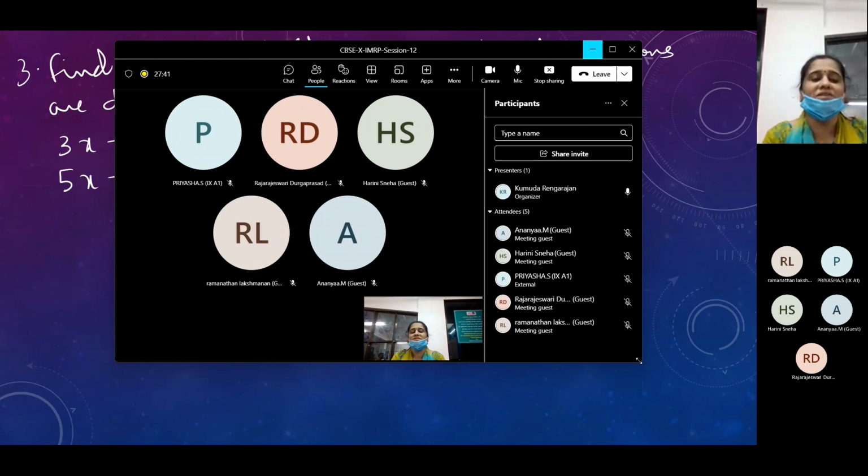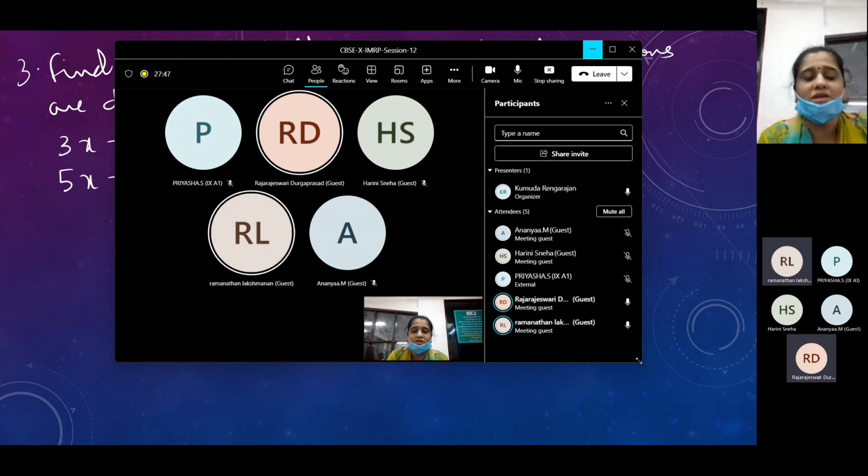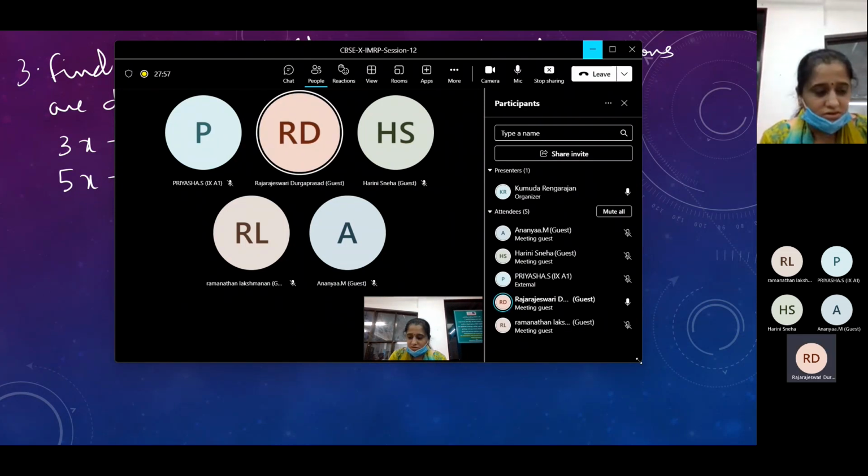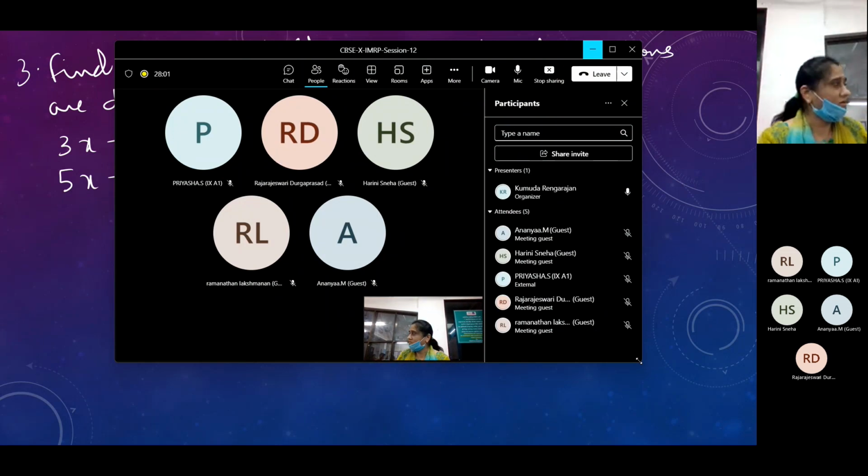They're coincident lines. That means they have how many solutions? Infinitely many solutions, ma'am. Correct, children? So what's the condition for dependent equations? A1 by A2 is equal to B1 by B2 is equal to C1 by C2, ma'am. Yes. All right.